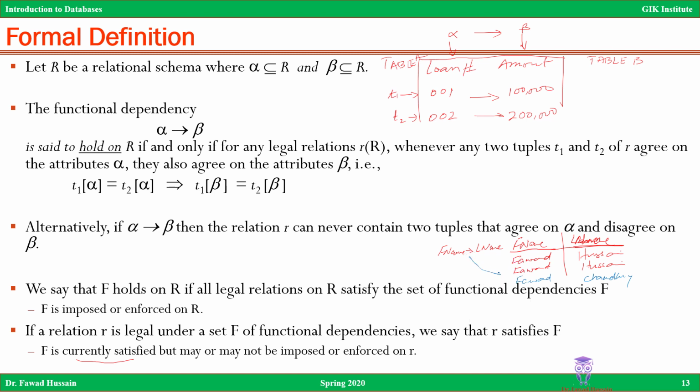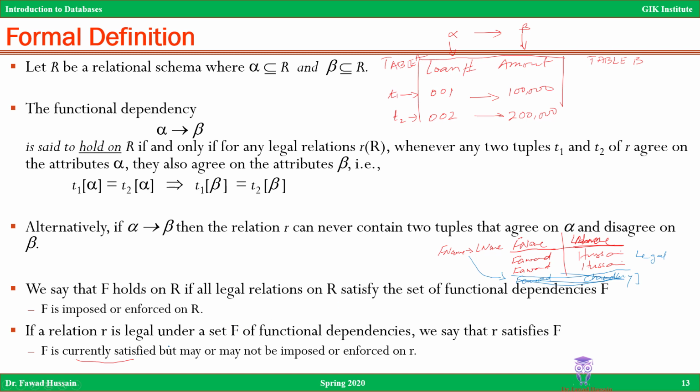So up till this point, it was true. However, it was legal, but it was not imposed or it was not binding, because there's always a case where this may not be true. If this entry does not exist, then this is legal and this is currently satisfied.